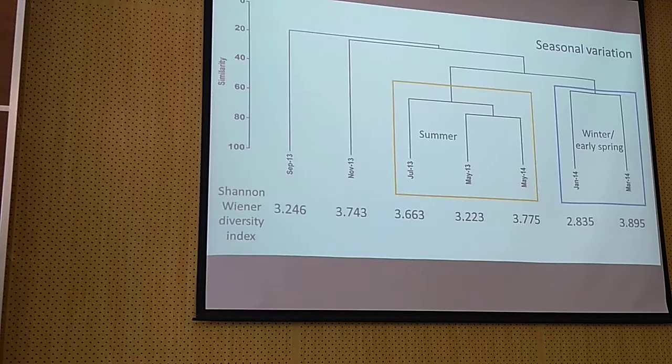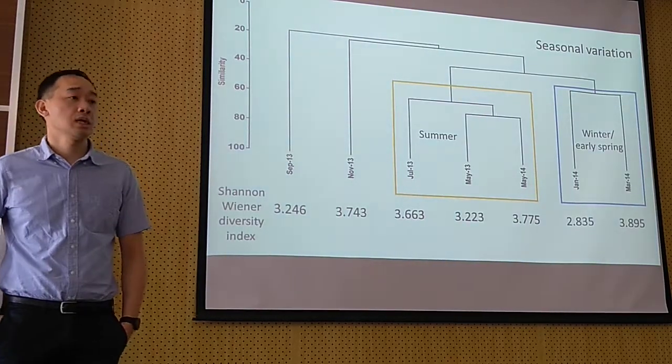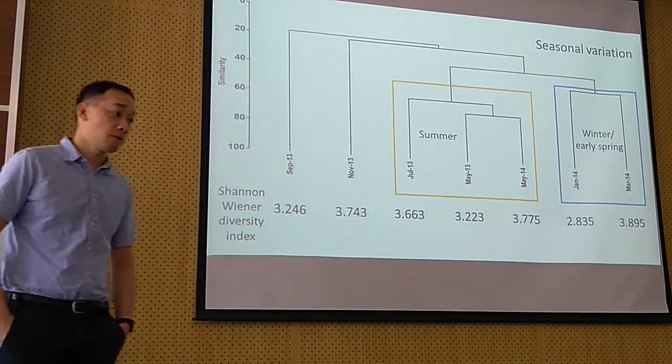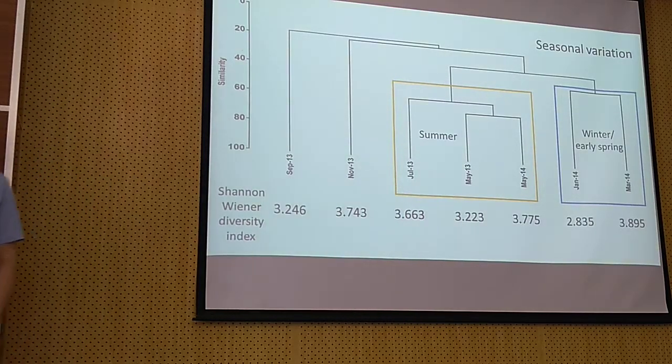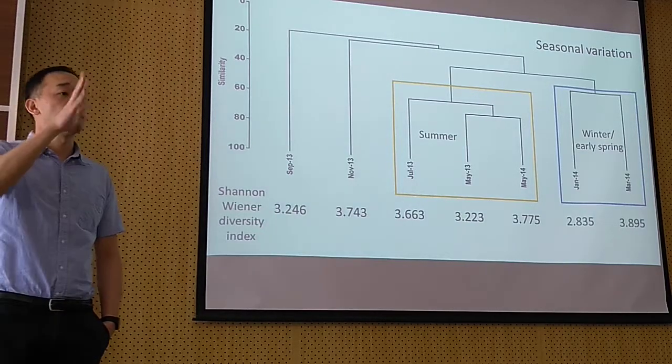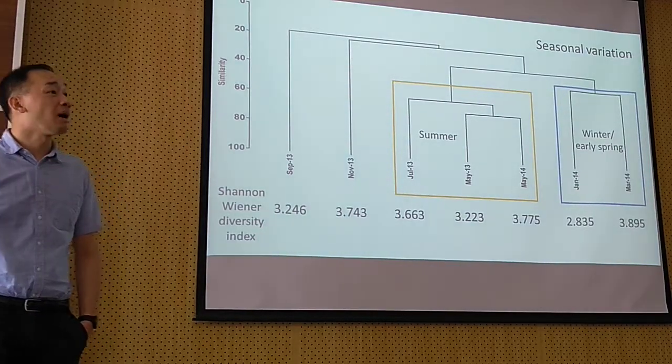Now we also did a Bray-Curtis similarity index, because this method compares the fungal community between different months. As you can see, the fungal communities in the summer months are more similar, and so are the winter months. So basically what it tells you is there is a seasonal variation of fungi associated with this.